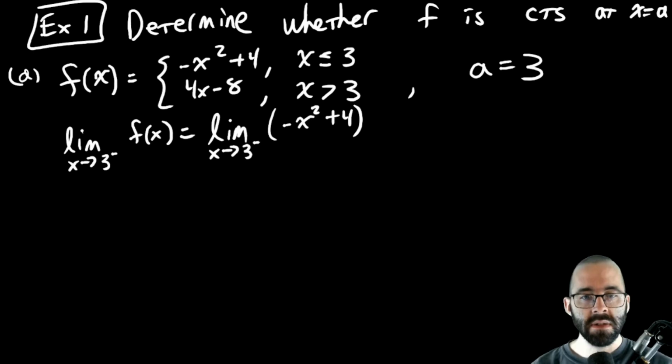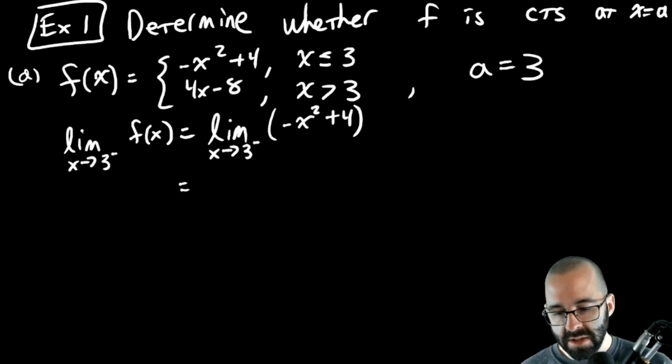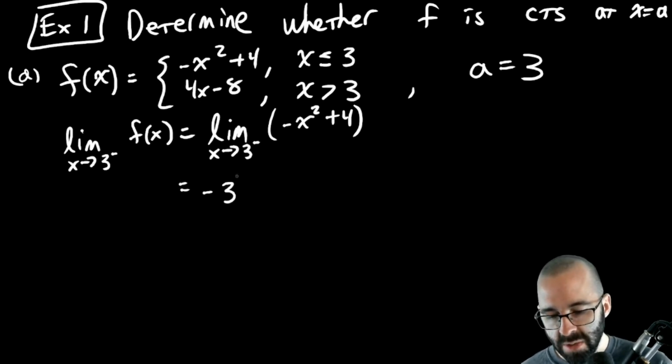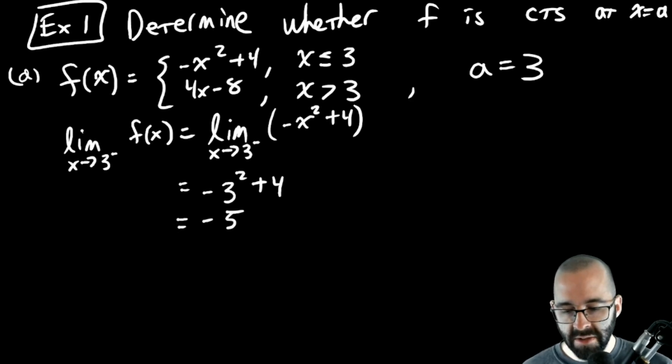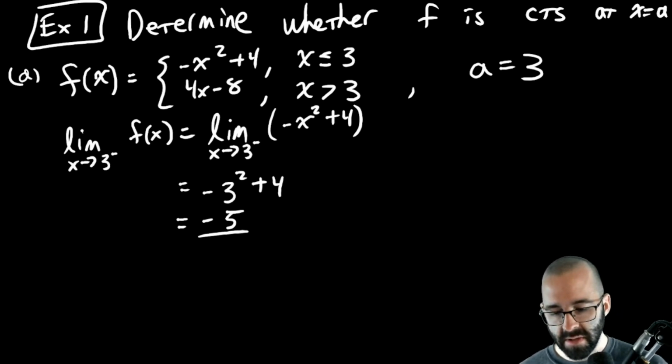And we have learned that polynomials are continuous, which is why this is true, but we haven't gotten there yet. We learned that the limit of a polynomial is just the function value at that point. So this is just going to be negative 3 squared plus 4. Negative 9 plus 4 is negative 5, I believe. So the limit from the left is negative 5.